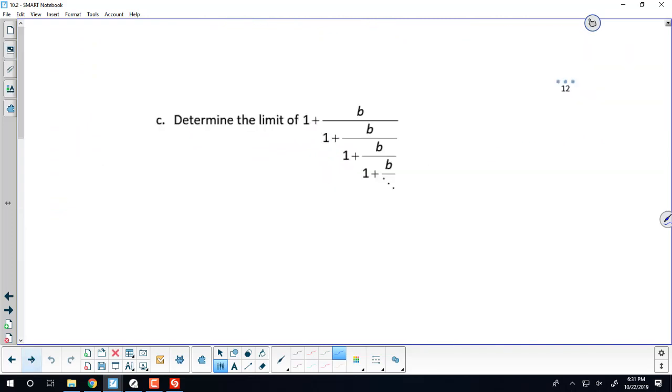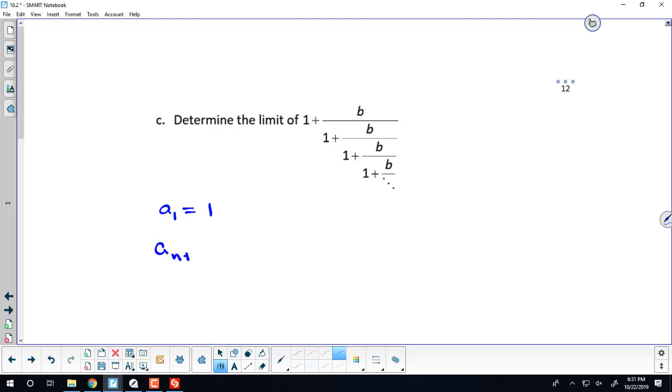So this is directly related to that previous problem, although it's just a more generic thing. Because in our previous problem it was 1 plus 1 over, etc. This is just 1 plus b over. So our first term here, I don't think we'll work this fully out, but our first term is 1.